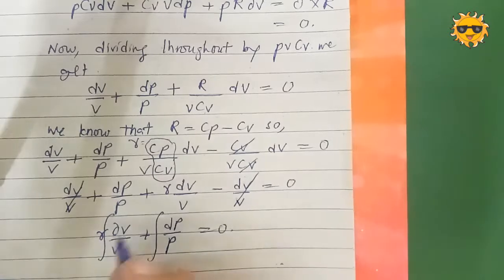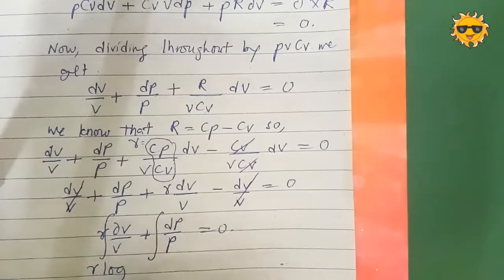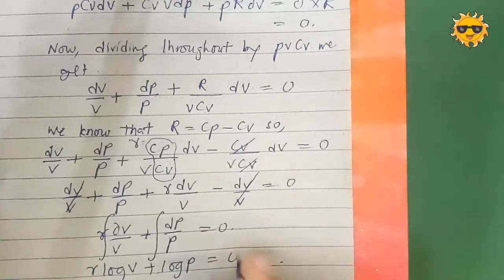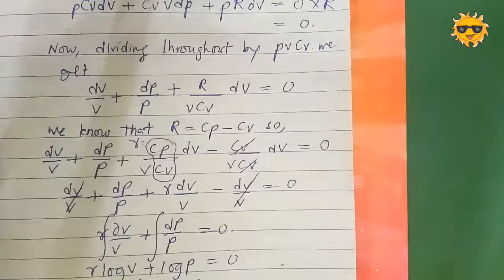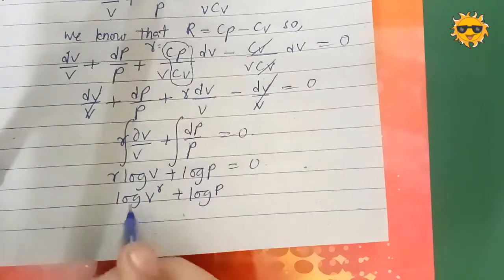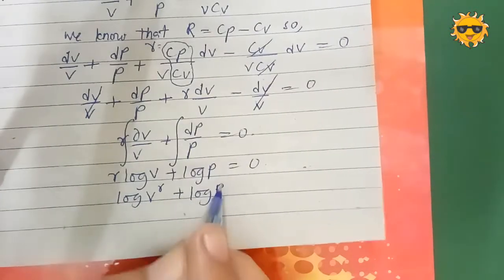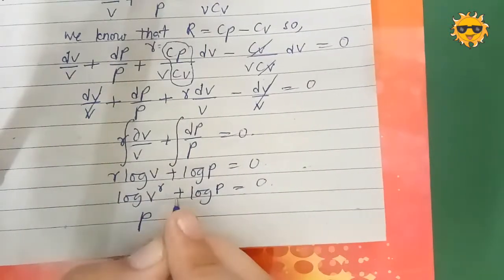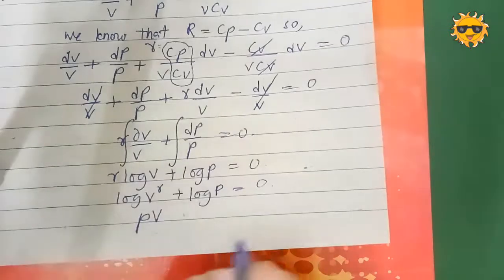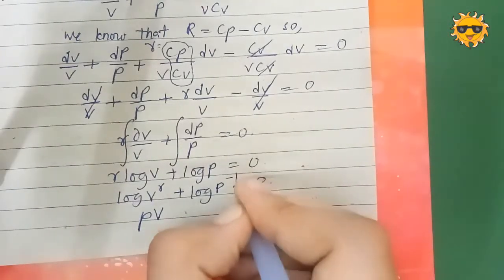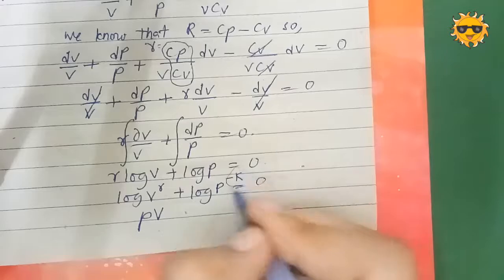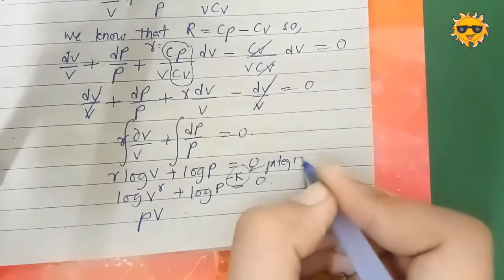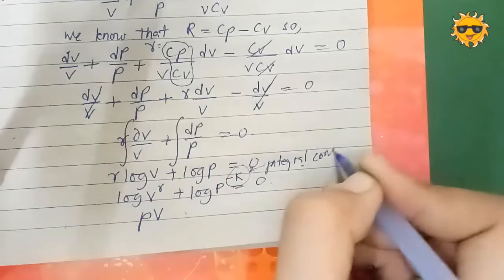Now we have to integrate to get in terms of log, that is gamma log V plus log P equals a constant. Gamma in the front becomes log V raised to gamma plus log P. According to the law of log, if there is plus in between, we can multiply, that will be PV raised to gamma. I forgot to mention the constant, let us consider that minus k is the integral constant.